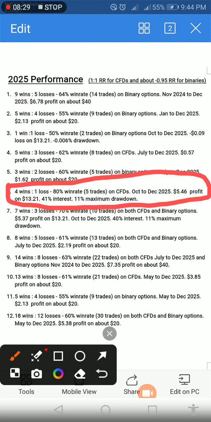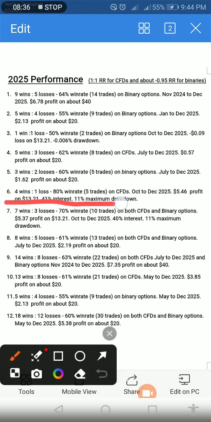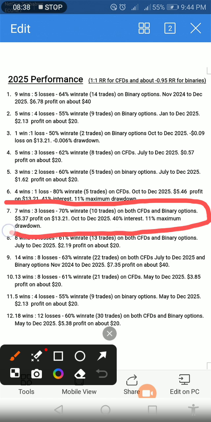Then if I combine the CFDs and binary options for October to present, it's now a 70% win rate on 10 trades with a 40% interest from $13.21 with an 11% maximum drawdown.